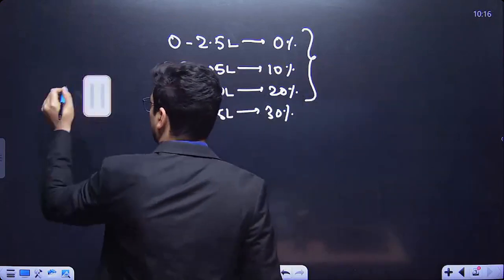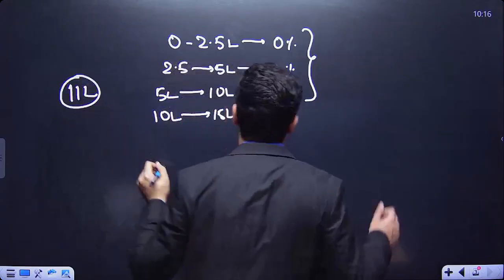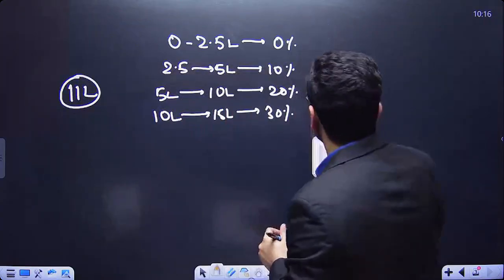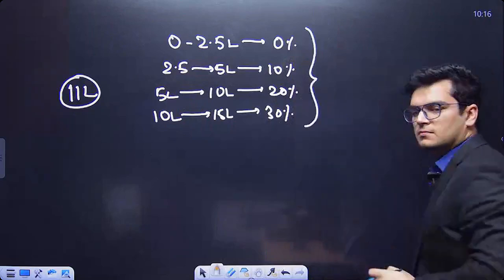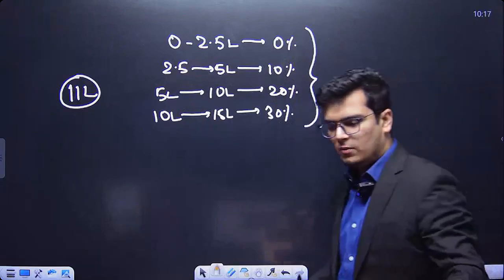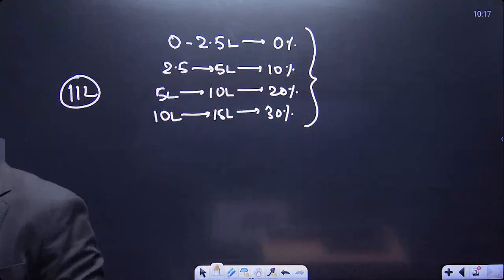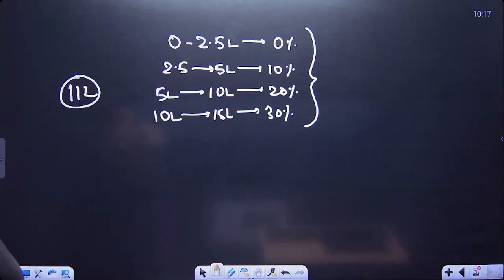Let's change the income from 10 lakh to 11 lakh. Income is 11 lakh. How much tax is this person going to pay as per this system? Calculate it once and tell me. Yes, 11 lakh is the taxable income.